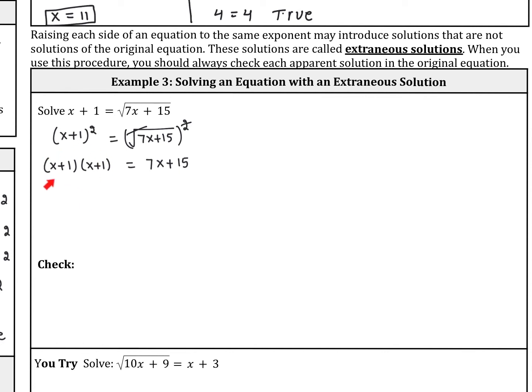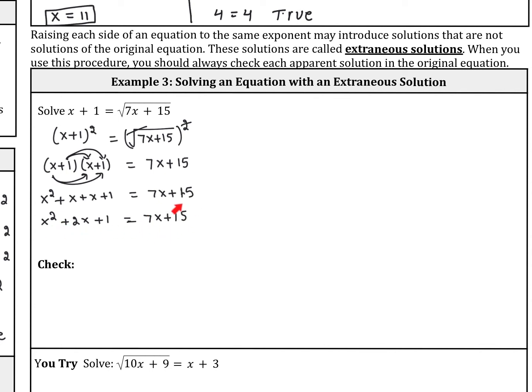In order to solve two polynomial multiplication, we can use the FOIL. So you got x squared plus x and plus x plus 1 equals 7x plus 15. x squared plus 2x plus 1 equals 7x plus 15. Now we are going to make this as one equation.